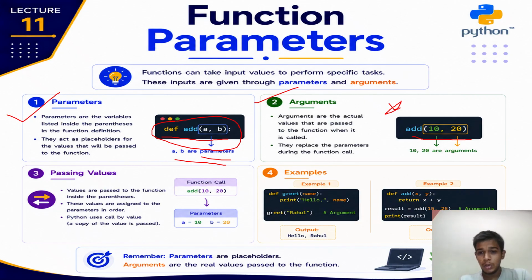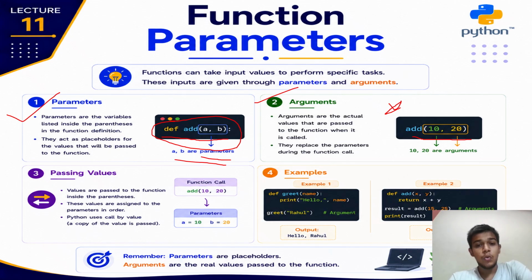So the values inside the function call are the arguments. So 10 becomes the value of parameter a and 20 becomes the value of parameter b. This is the easiest way to remember the difference. Parameters are written in the function definition, arguments are written in the function call.